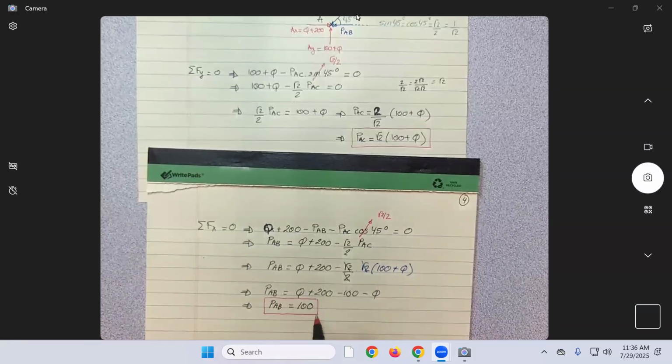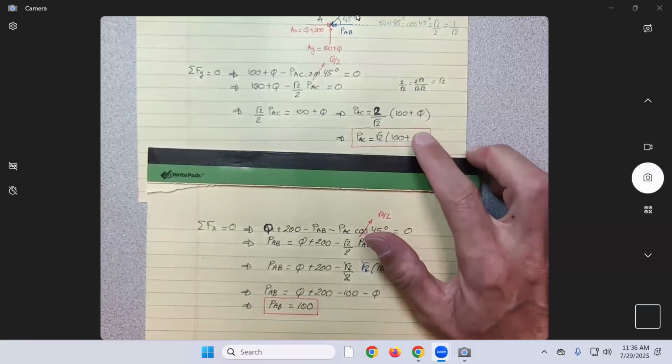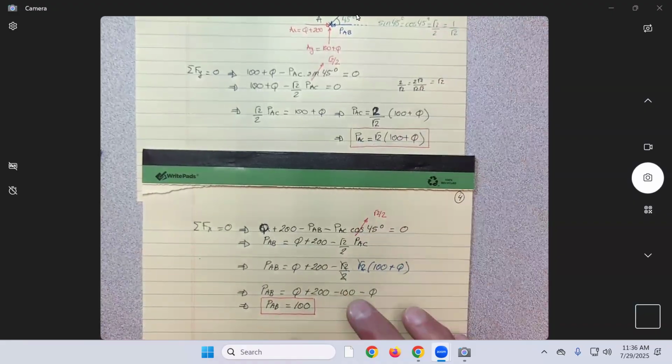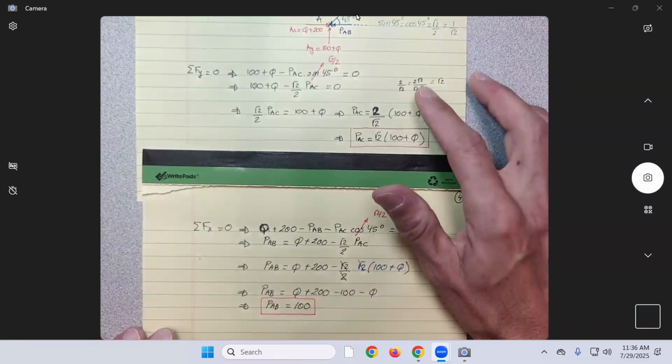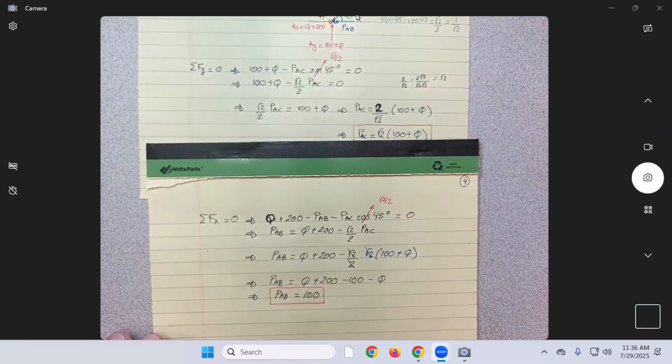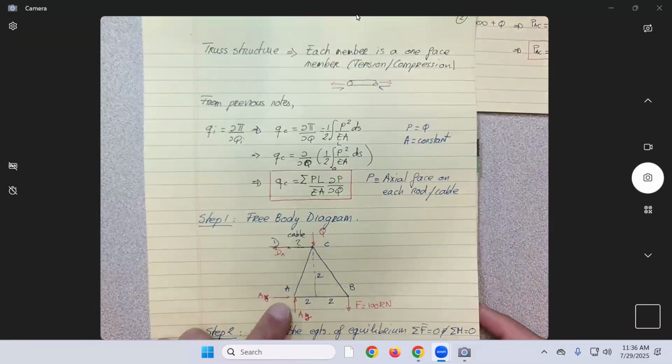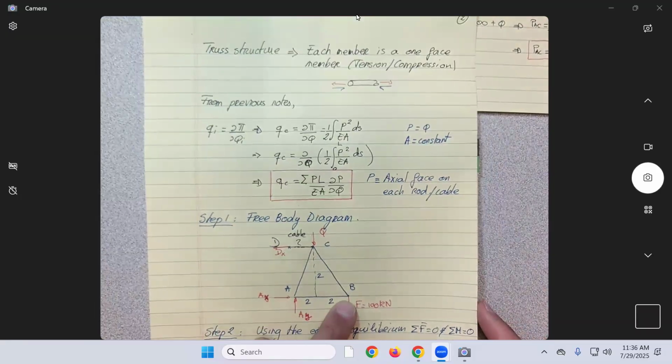So basically, so far, what do you see? You find out that the axial force for the member PAC is in function of Q, but that the axial force for PAB is constant. Okay, so we need to do the same thing. We did it for joint A, we need to do it for joint B, and then for joint C.